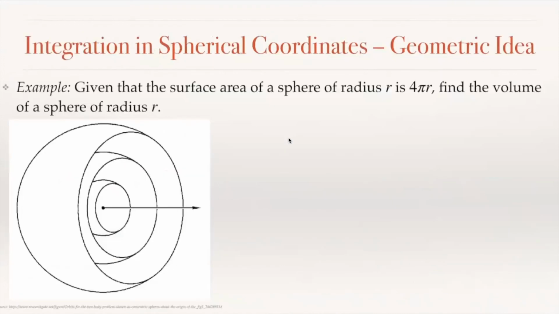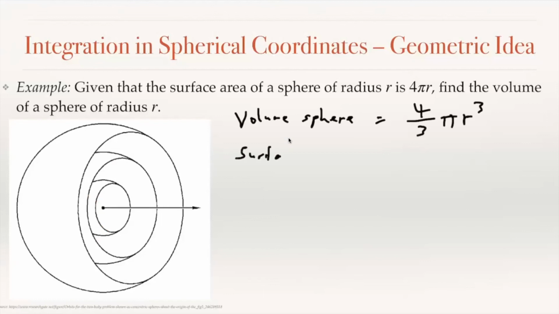Now, our last small topic is integration by spherical shells. In integrating by spherical shells, instead of adding together cylinders, we add together spheres. What is the volume of a sphere? That is 4/3 pi r cubed, as you might recall. And what is the surface area of a sphere? That is 4 pi r squared.